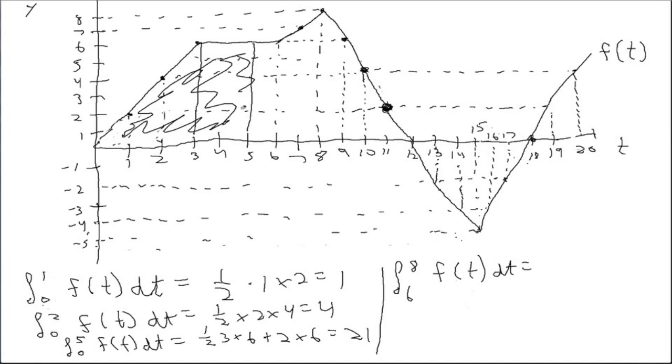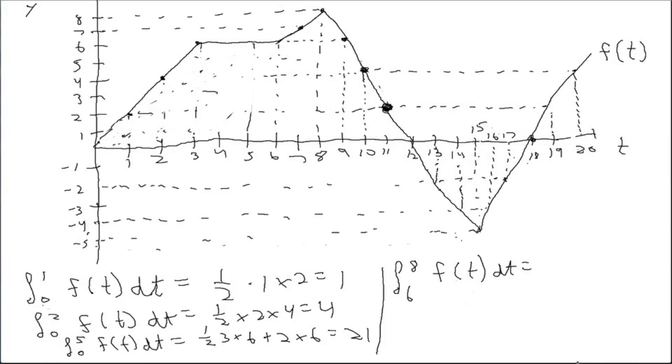I'll try this one. Okay, the definite integral of f of t between 8 and 6. So we can break that shape into two shapes, a triangle and a rectangle. So the area of the rectangle is 6 times 2, which is 12. And the area of the triangle is 1/2 the base.